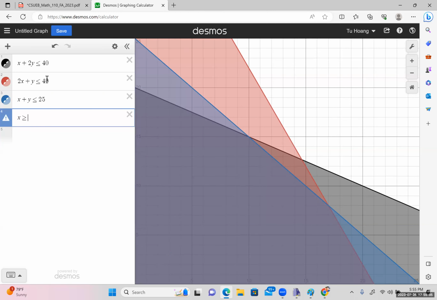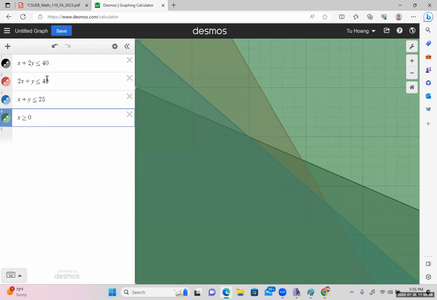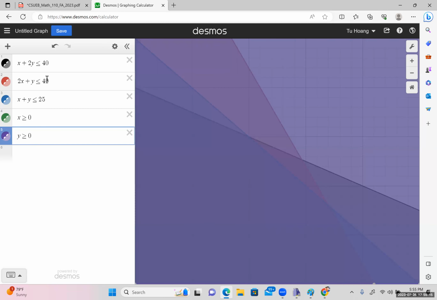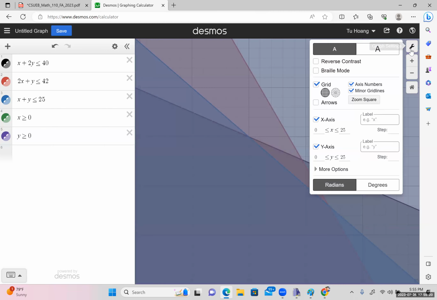And next, X greater than or equal to 0, Y greater than or equal to 0. Okay. Need to adjust the Y and the X. I would say X can be up to, I don't know, maybe 20, 30.